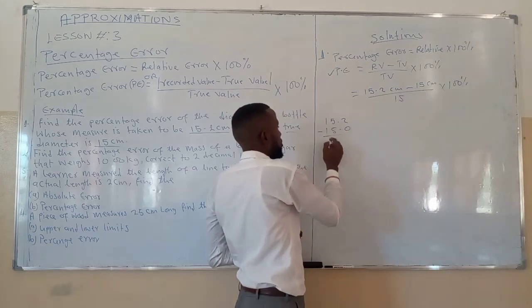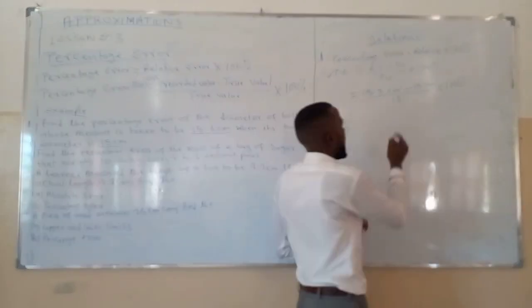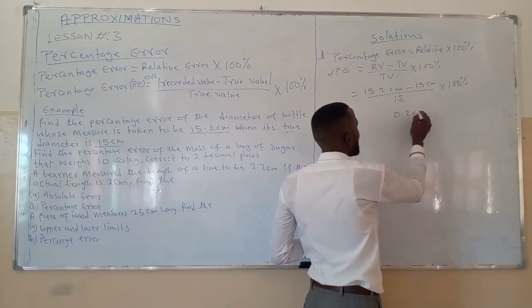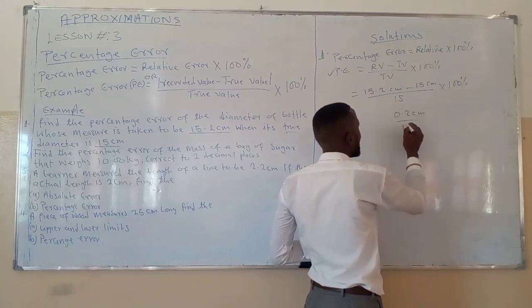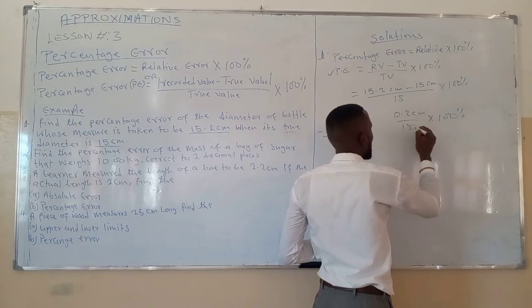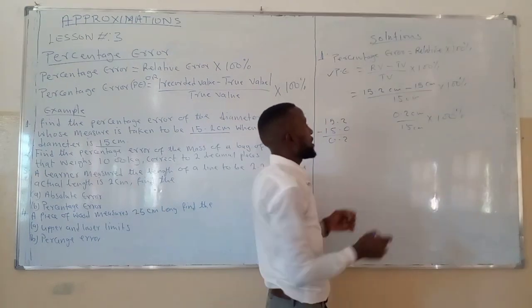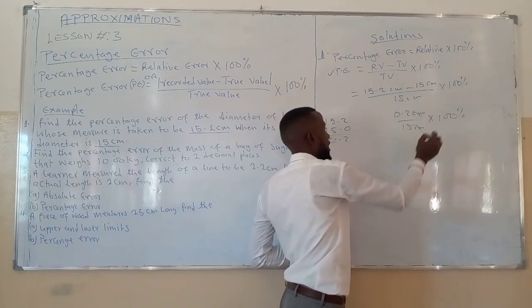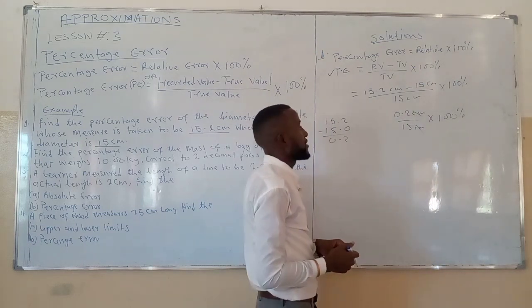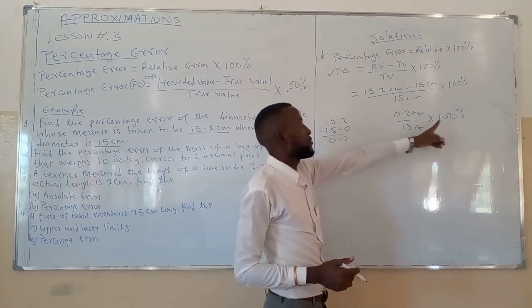So we have 0.2 as my answer when I subtract. So I have 0.2 centimeters divided by 15 centimeters, times 100%. The centimeters divide on each other, so we cancel the centimeters. Then we have 0.2 divided by 15 times 100.